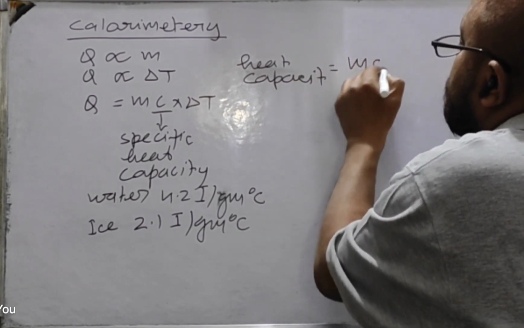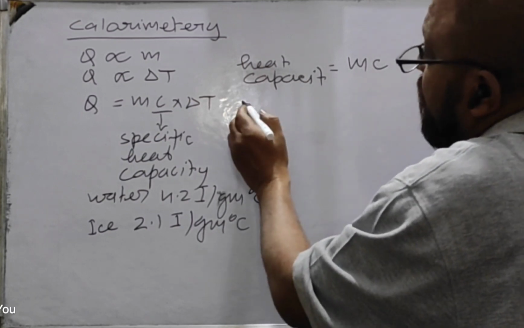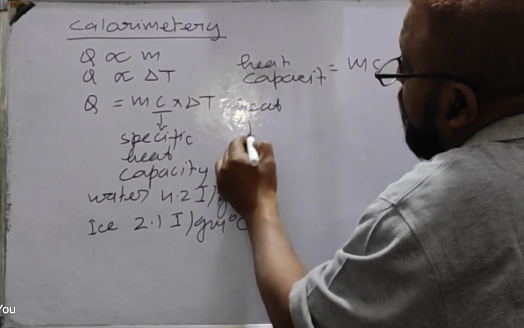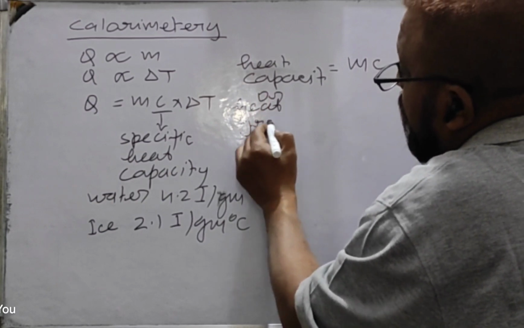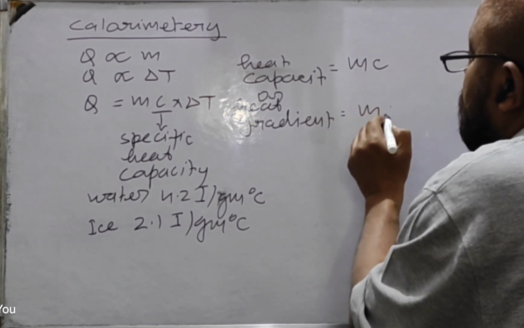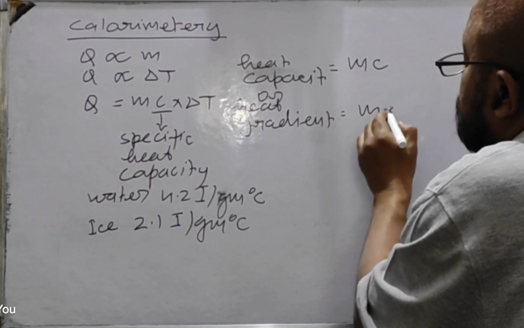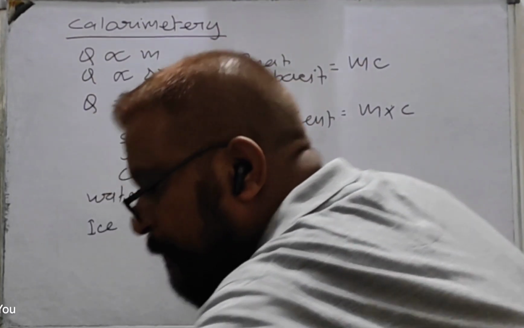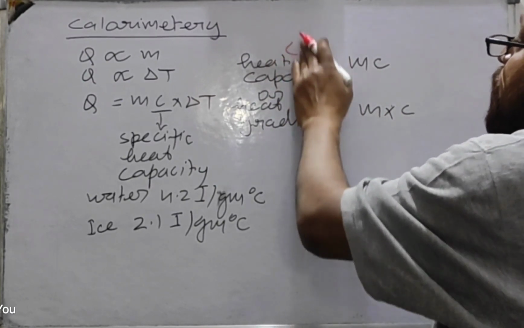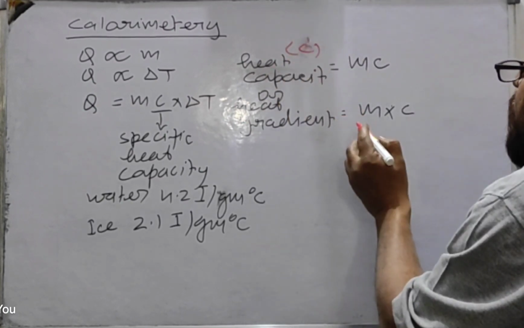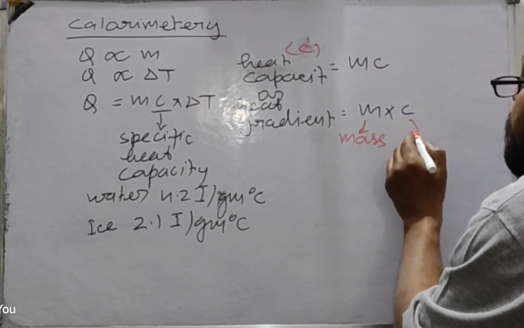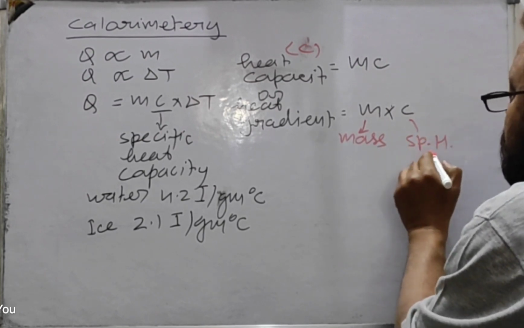Heat capacity is mass into specific heat capacity, m into C. It is denoted by capital C, where m is mass and C is specific heat capacity.